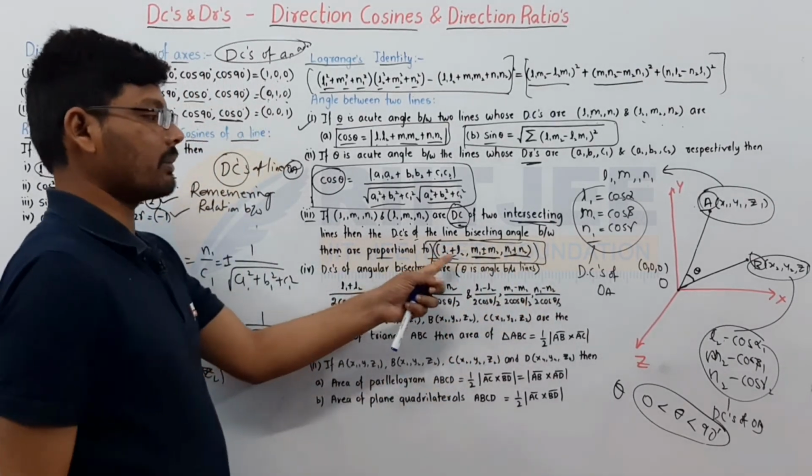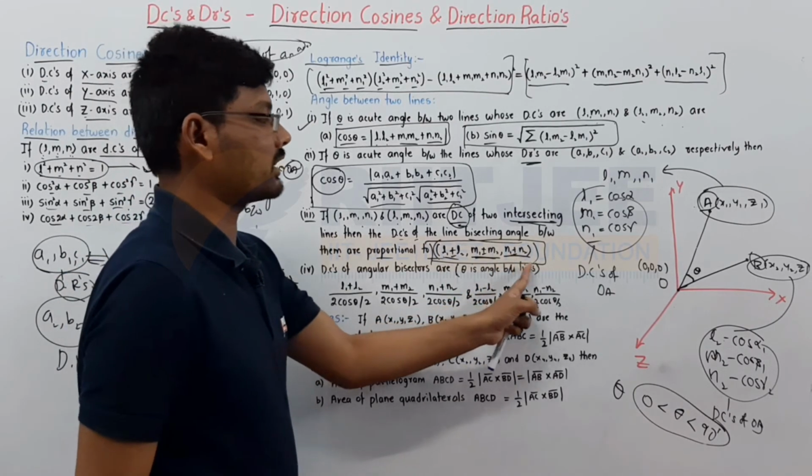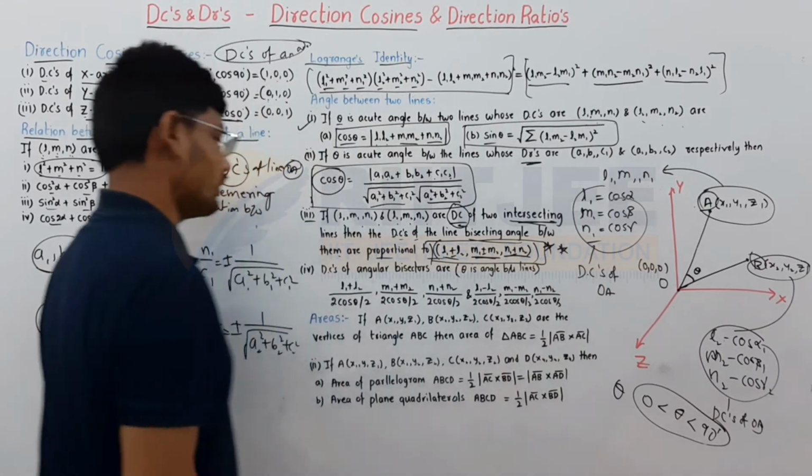So l1 plus or minus l2, m1 plus or minus m2, n1 plus or minus n2, this is the condition to remember again. So you have to remember here.